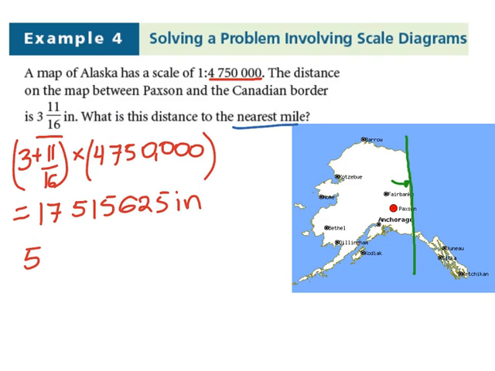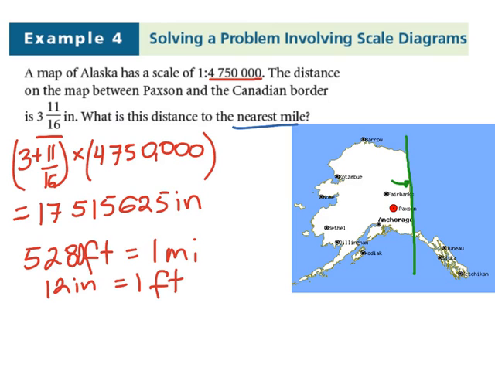This means that if we multiply 12 and 5,280, we'll find out how many inches there is in 1 mile. So 12 times 5,280 is 1 mile. So 1 mile is equivalent to 63,360 inches.